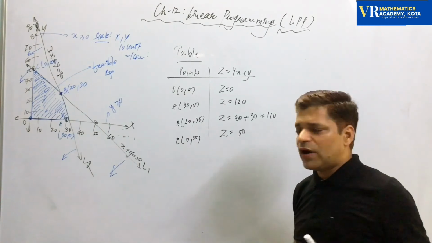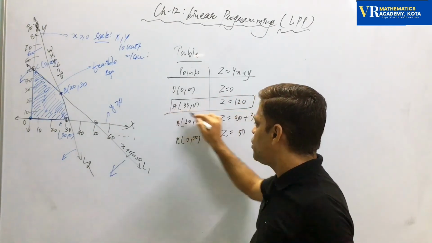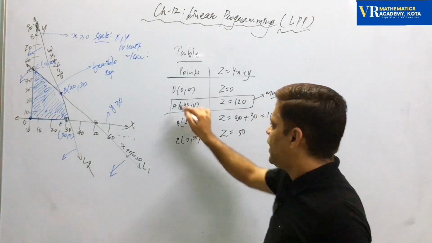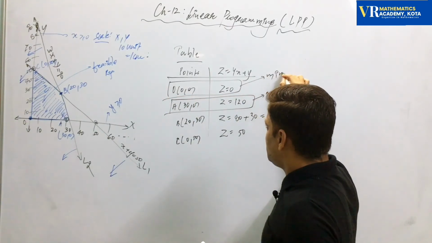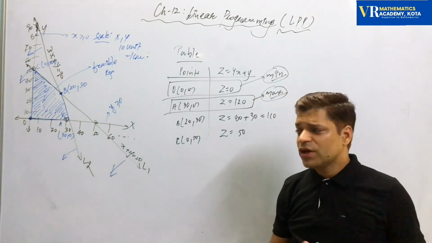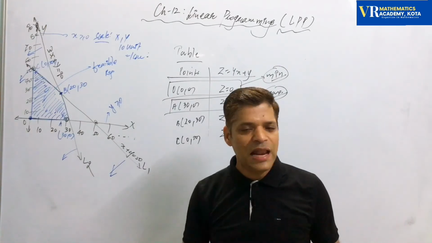So we find that the maximum value of the problem is z equal to 120. This is the maximum and this is the minimum. So this is the procedure, that is how we have to solve the LPP.